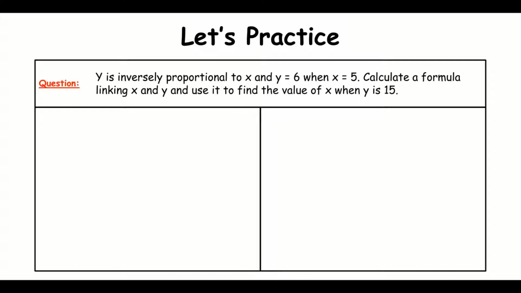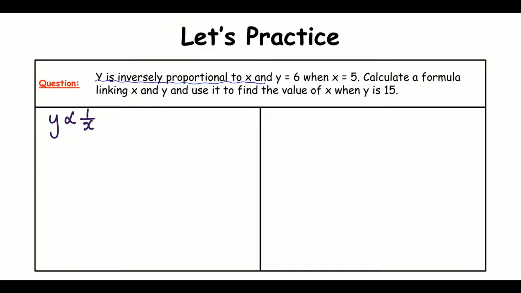So our first step, let's establish, it says y is inversely proportional to x. Now we can write that easily. y is inversely proportional to x, and that's going to be 1 over x because it's inverse proportion.